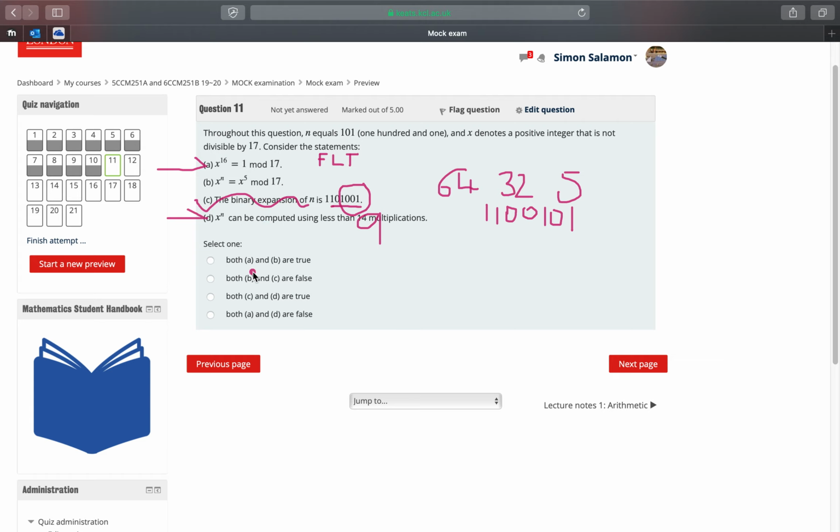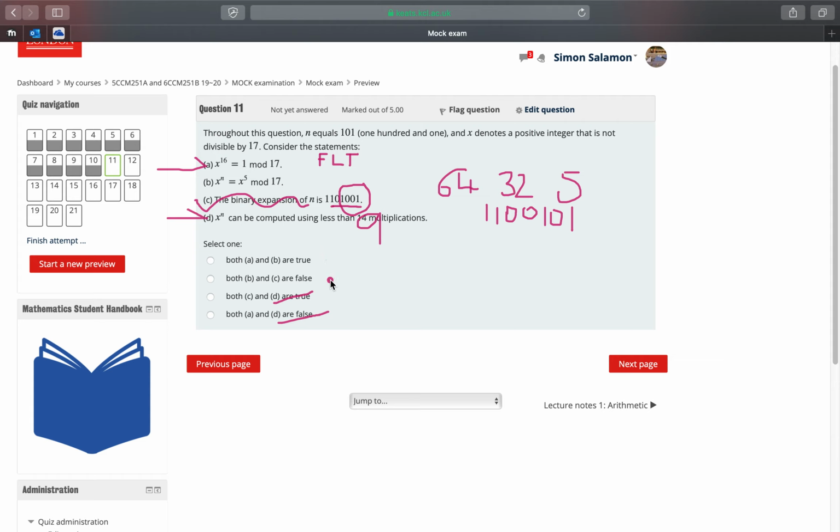So B and C are both false. That's not true. Oh, that could be true actually. So where are we? We still don't have enough. A and B are false? That's not true because A is true. C and D are true? That's not true. A and B are true?